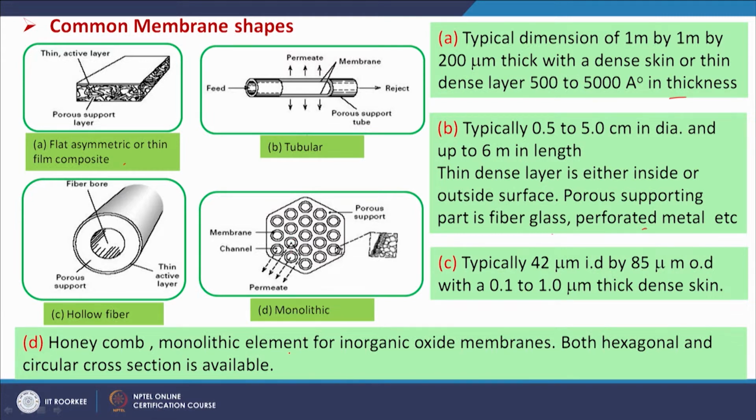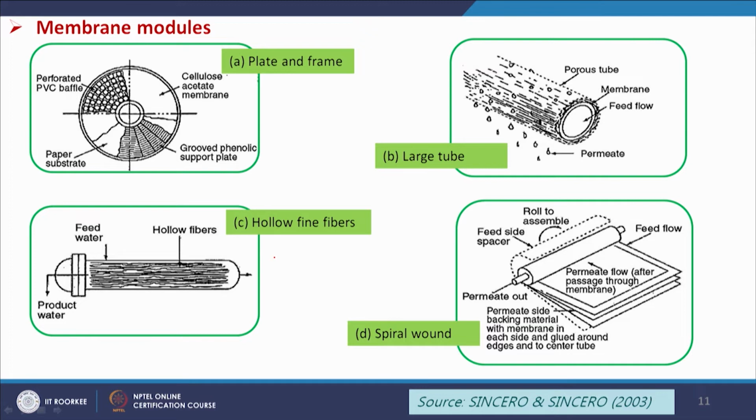That monolithic element for inorganic oxide membranes is available with both hexagonal and circular cross section, as shown here. So, we have a membrane and these are the channels and porous support. So, we get permeate from this. So, this is the membrane shape, and then for membrane modules we have the plate and frame module.